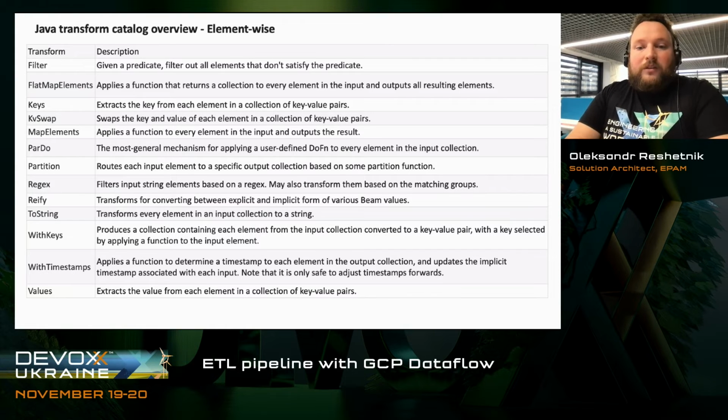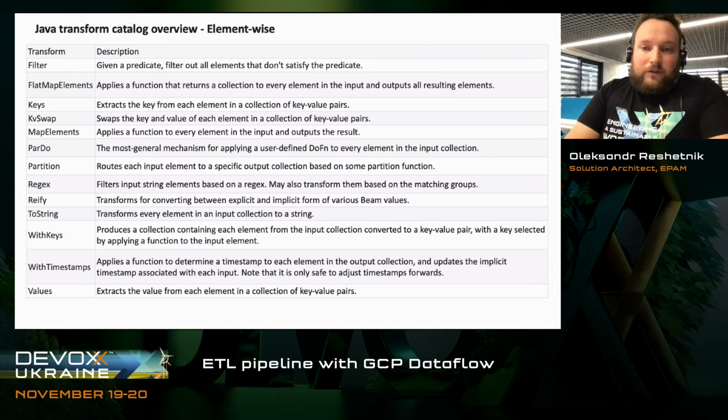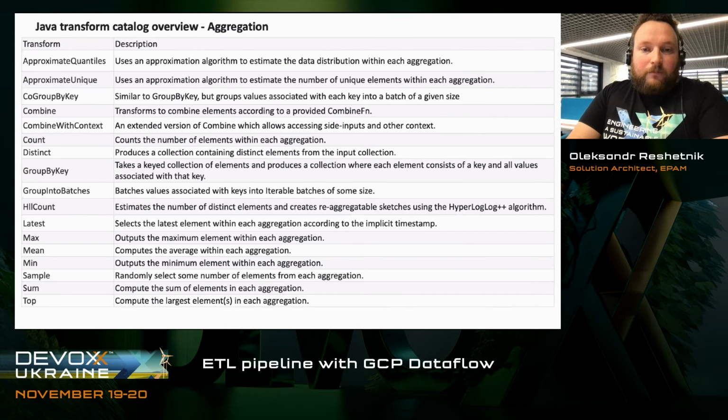The first group is element-wise, which is used for every element in your data pipeline. There is a key element for creation of user-defined operations. This is the ParDo transformation that can accept user-defined code, a user-defined function, and customize your data pipeline.